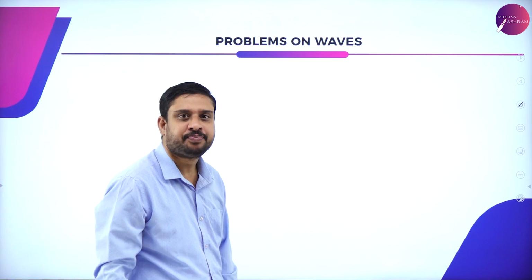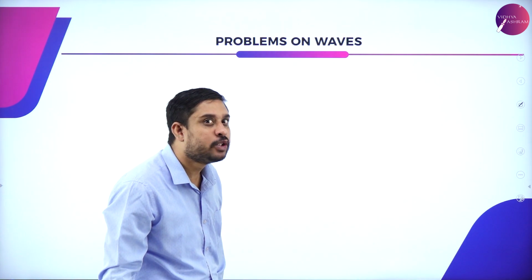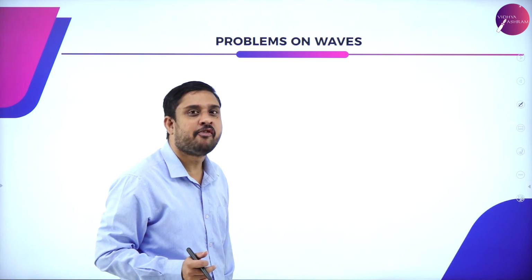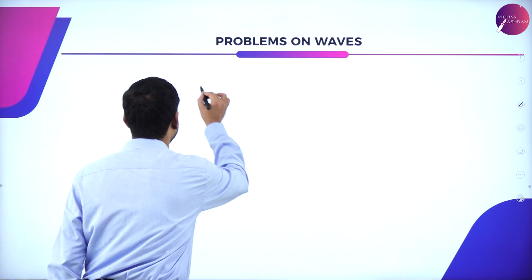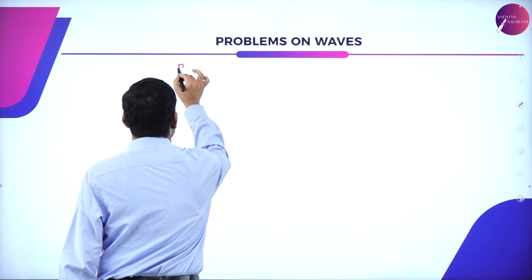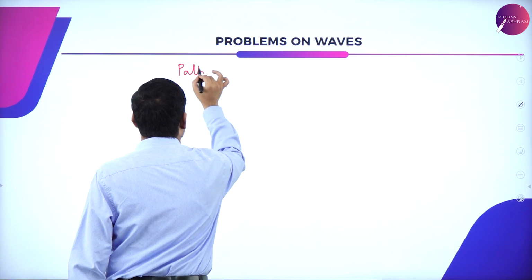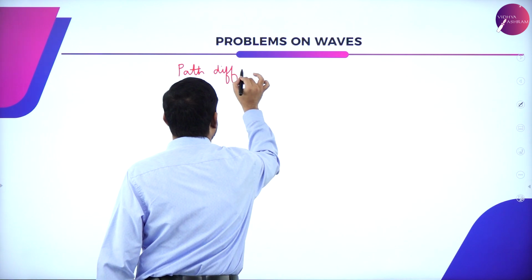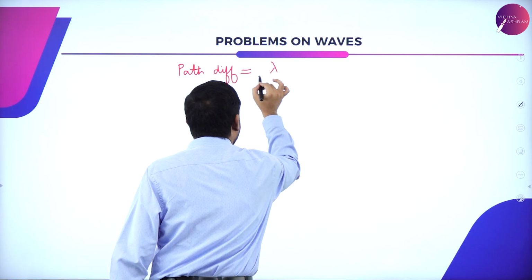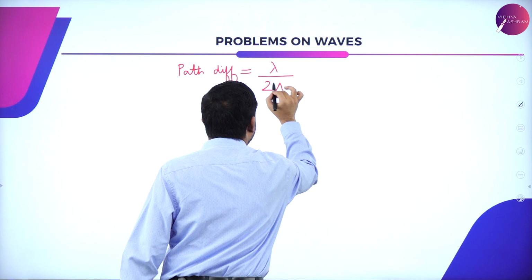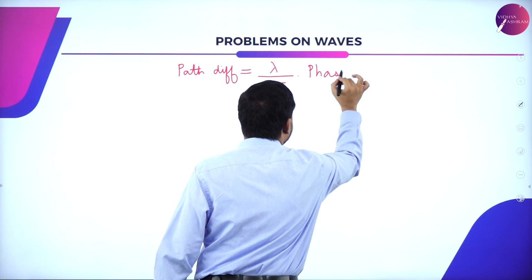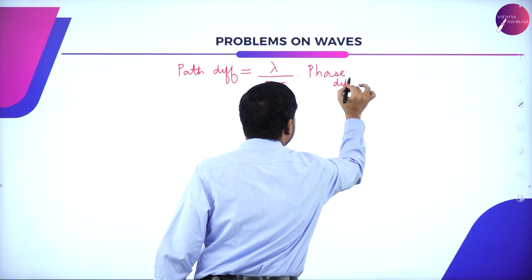Now, if I go to the relation, it becomes the inverse of what we did before. Path difference is lambda by 2 pi into phase difference.